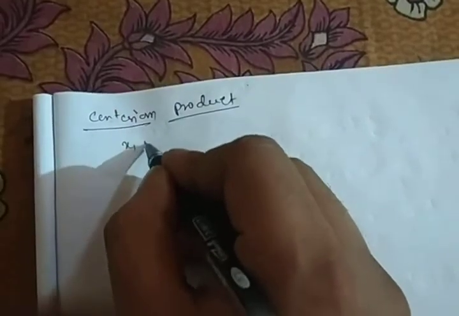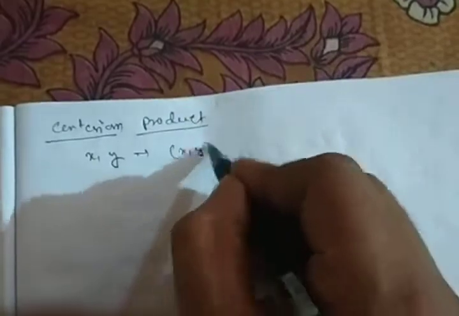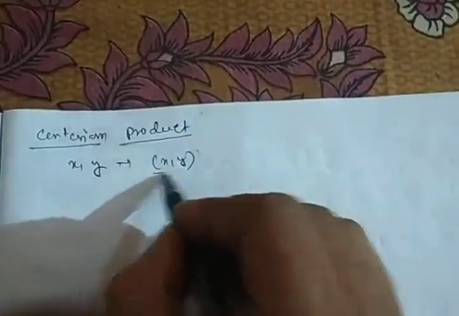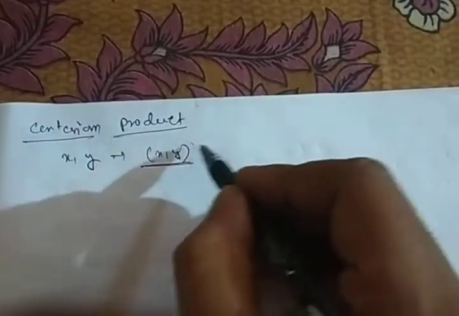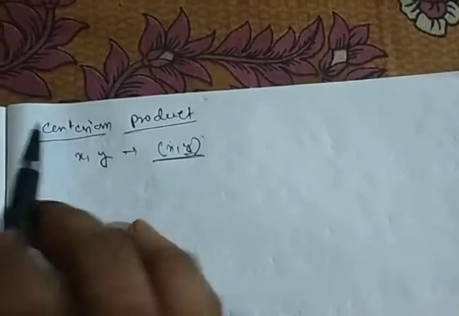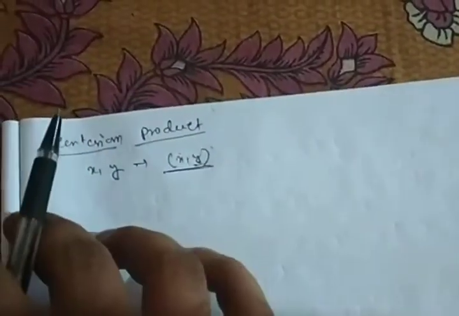For any two elements x and y, if we write it in the form (x, y) in brackets, then this is called an ordered pair. x is the first element and y is the second element. So this is known as the ordered pair of two elements.